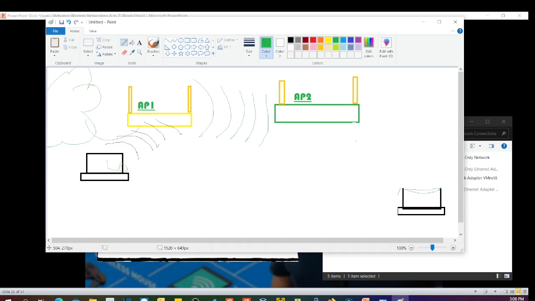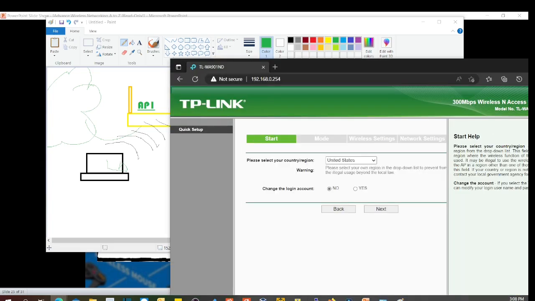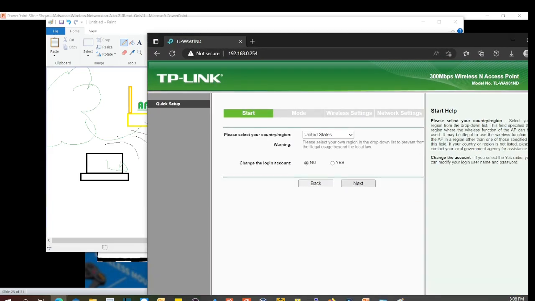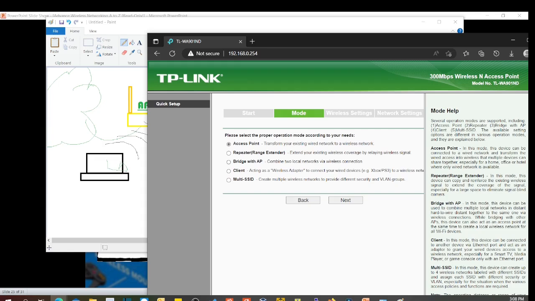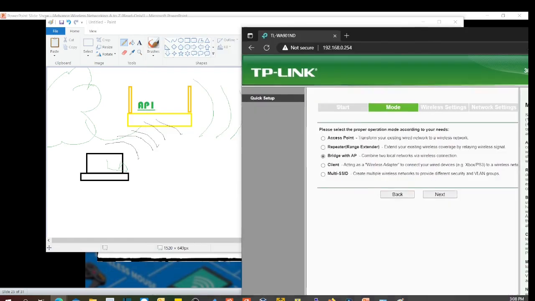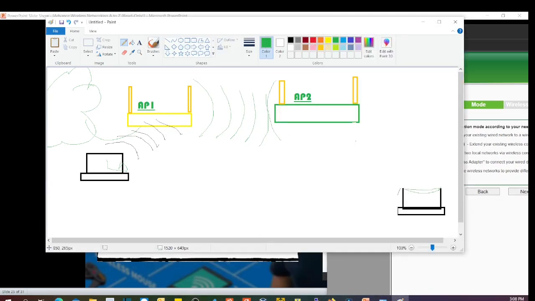Once we log into this Wi-Fi router, just let me log into the router meanwhile. Click next and click next. This is called the bridge with access point. Combine two local area networks via wireless connection. Guys, remember that the scenario is like these two access points will communicate with one another.